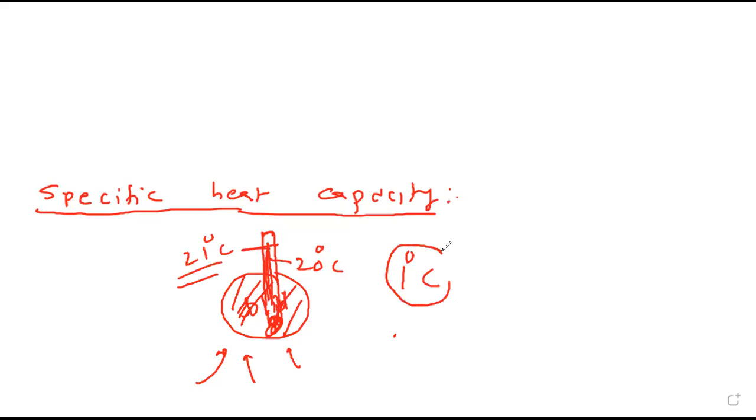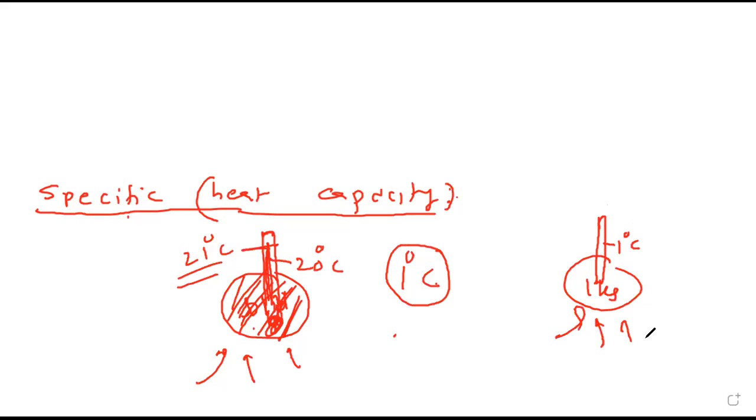So whatever heat you have given to increase the temperature of this entire mass by 1 degree is actually called heat capacity. But we are talking about specific. Specific means for 1 kg. So suppose we take 1 kg of substance and increase its temperature by 1 degree Celsius. Increase means difference in temperature. Then whatever heat you have supplied is called specific heat capacity.